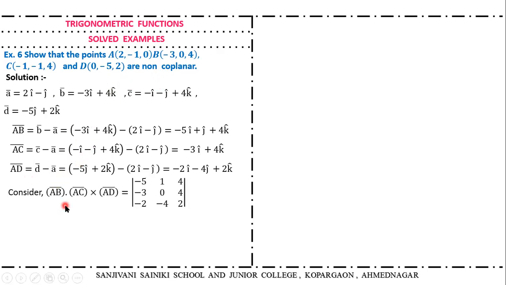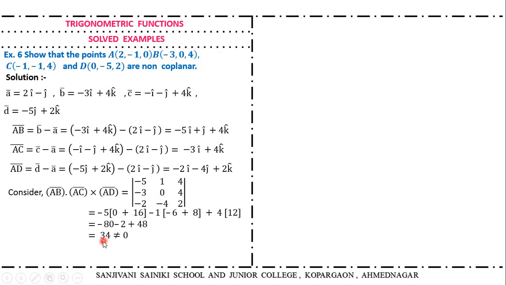Now we will prove that they are non-coplanar. So we will consider their scalar triple product. As we have studied, if the scalar triple product of the 3 vectors is 0, they are coplanar. If the value of this determinant is 0, then they are coplanar, otherwise non-coplanar. So let us check. Find the value of the determinant: minus 5 into 0 plus 16, minus 1 into minus 6 plus 8, plus 4 into this plus 12.